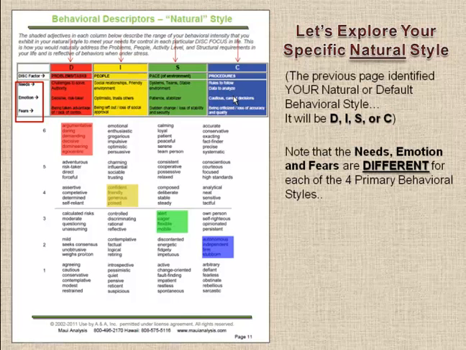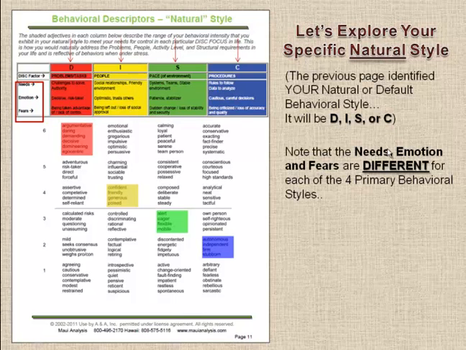And you'll be able to identify, oh, that person is like this, and that person is like this. And once you understand that, understand where you plot, understand where the other person plots, then we're about to give you some strategies that you can use to more effectively connect and communicate with them.